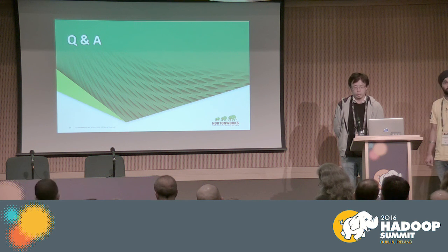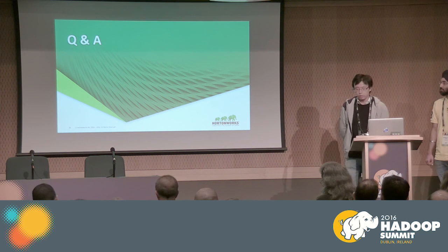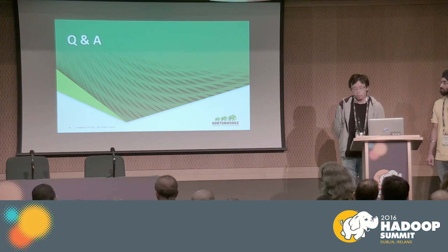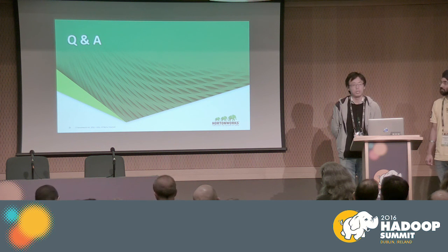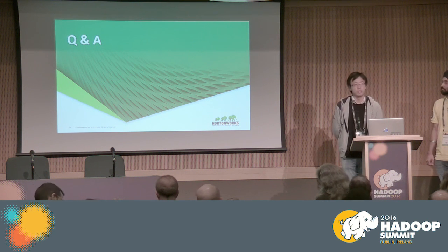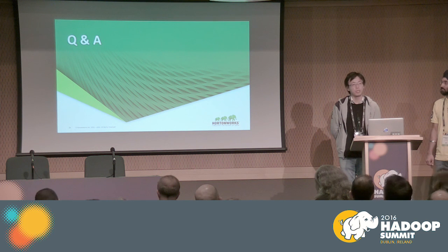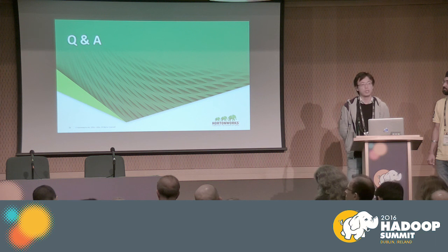From our investigation, the best advantage of Livy is that, first, its API is very simple to use. It provides a REST API. The second advantage is that Livy provides the interactive session. This is very suitable for our use case.